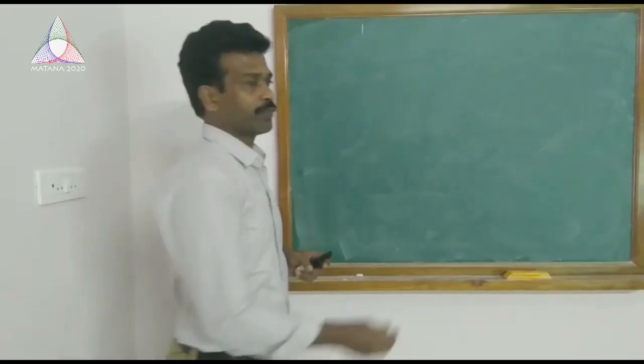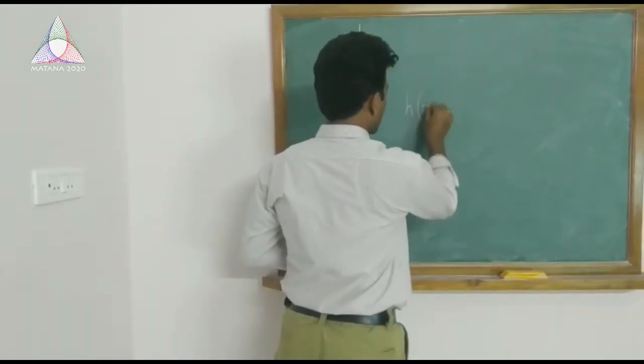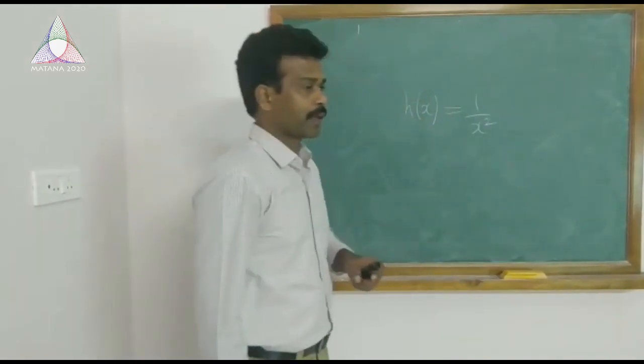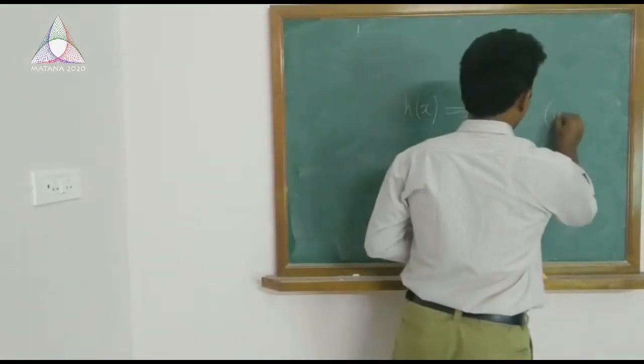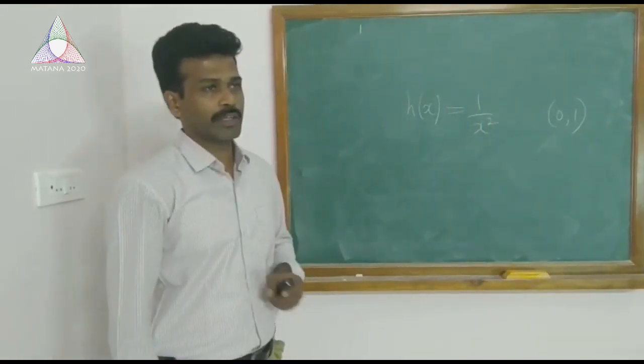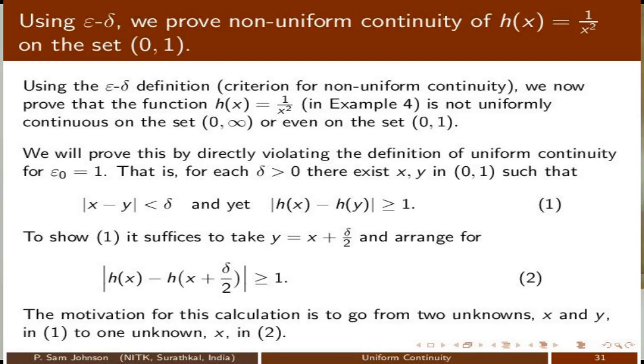Similarly, the function h(x) equal to 1 over x square on the set 0 to 1 is not uniformly continuous. One can prove it by using the epsilon delta criterion.